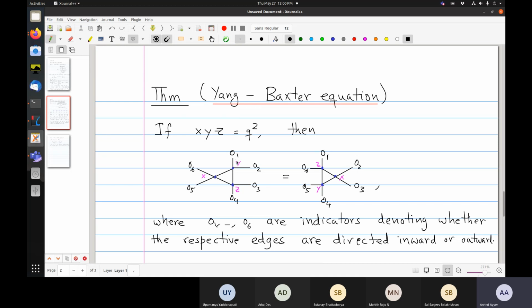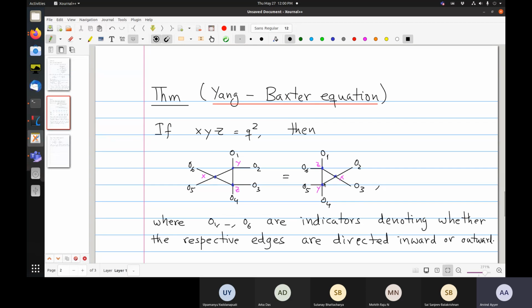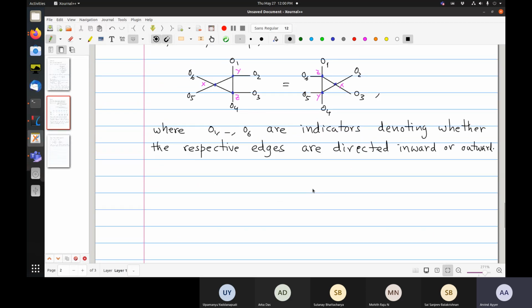So y is at the same location, and here also it's the same. Well, here it's naturally in the top left. Z in both cases is not in the correct location, so you have to rotate by 90 degrees to make it on the correct location, or equivalently we replace Z by Z bar because of this remark. If you rotate by 90 degrees, it's equivalent to replacing U by V. Okay. So let's prove this. So the proof is a case analysis.